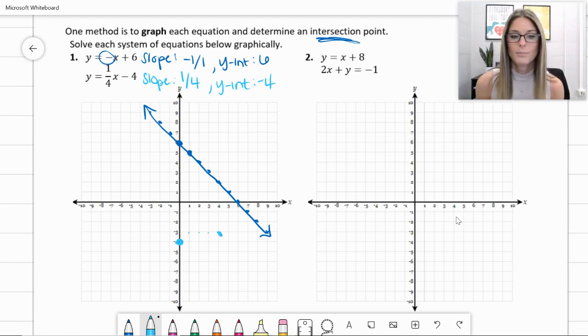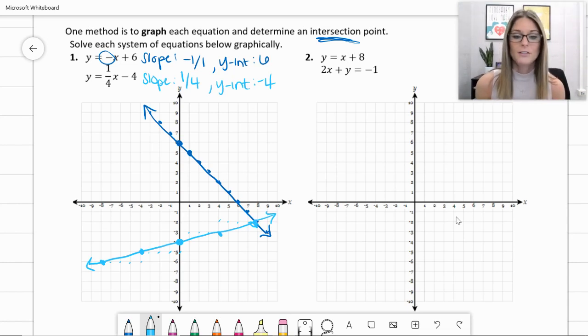Positive 1/4 slope. Do it again. Up 1, 1, 2, 3. There we go. Now, I like my lines to have multiple points so I can draw a nice straight line. So I'm going to go down and left 1, 2, 3, 4 from that y-intercept to make some more points. 1, 2, 3, 4. And now I can make a beautiful straight line.